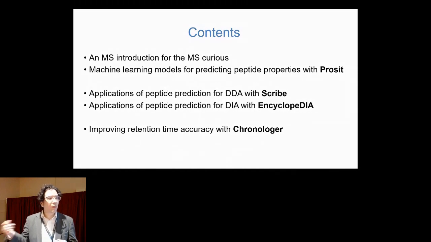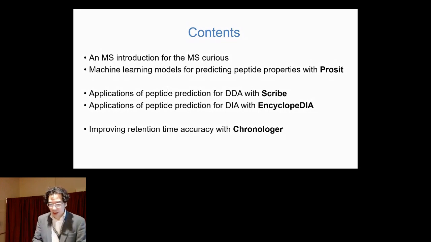And I'm going to talk some about ways in which we've used other types of computational techniques to take advantage of those types of tools. And then at the end, I'm going to talk about a little story around a new tool that we've been developing to do additional types of predictions for peptide properties.